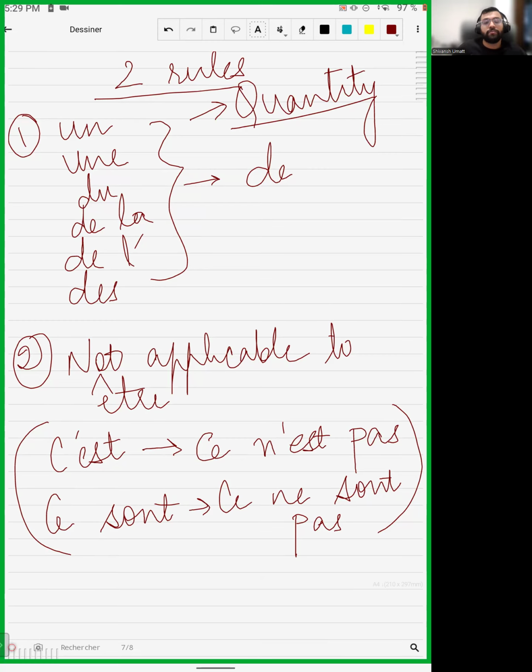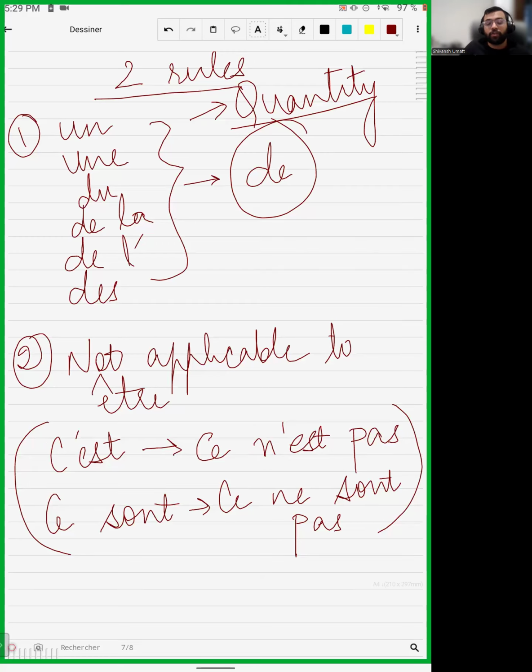These words express quantity. So to express a quantity in a negative sentence, you have to change these words into de. Un, une, du, de la, des all become de in a negative sentence.